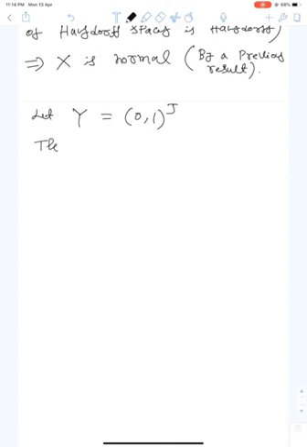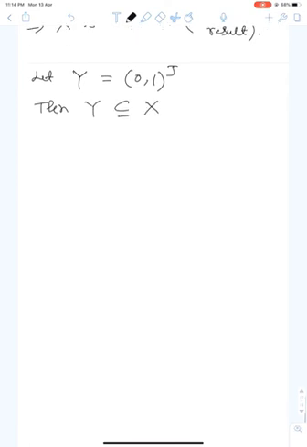Then Y is a subspace of X, but Y is homeomorphic to R^J, which is not normal.